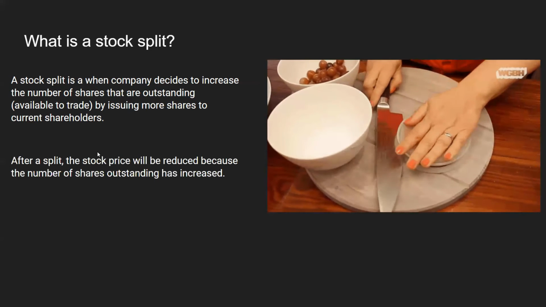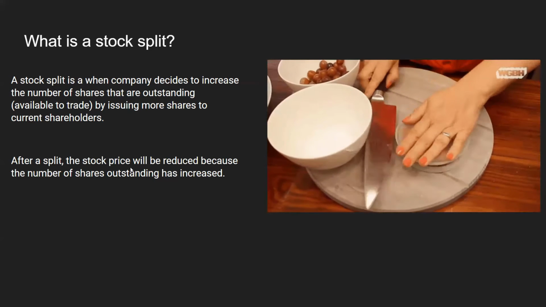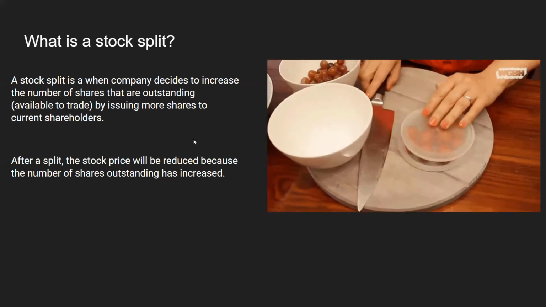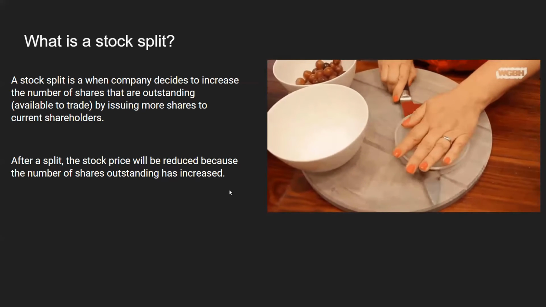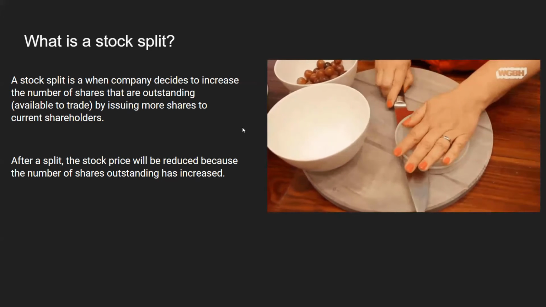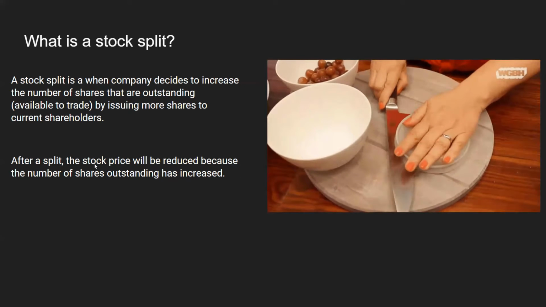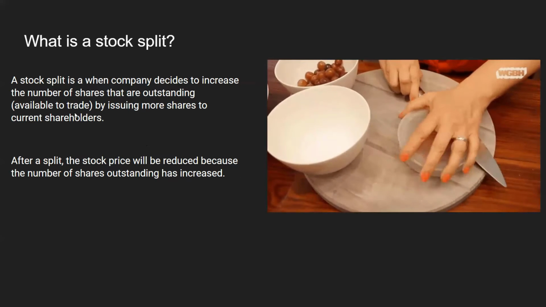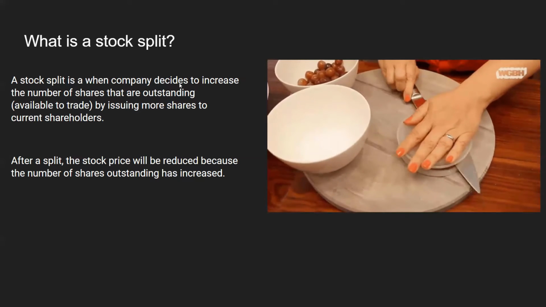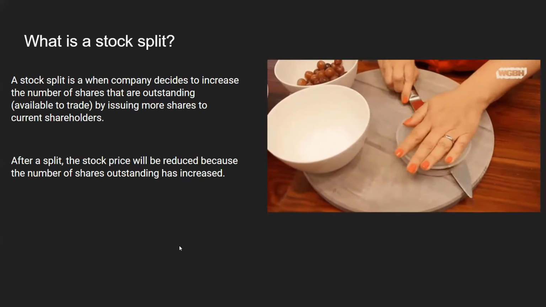And after the split, the stock price will be reduced because the number of shares outstanding has increased. So because they added those shares, the price of the stock before the split will be higher than it is after the split, because adding to the number of shares outstanding increases the number of shares that the shareholders already own.